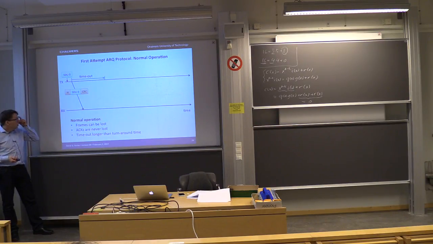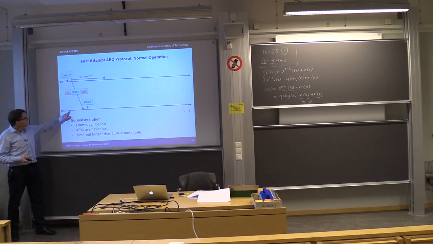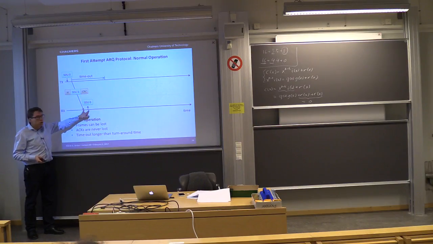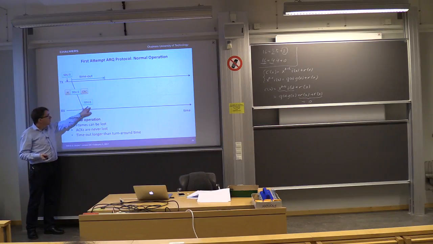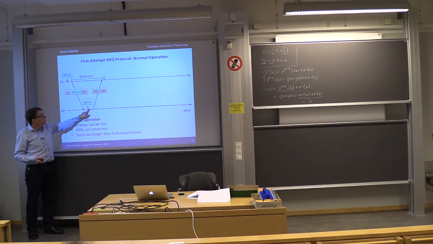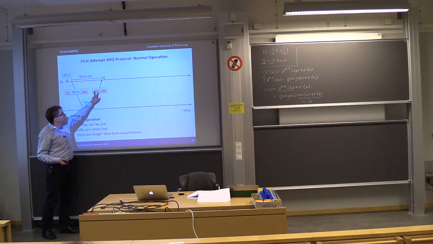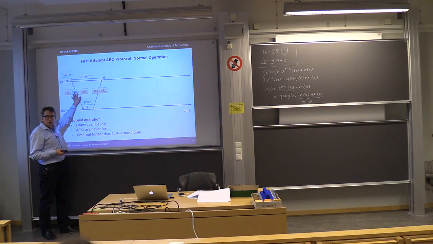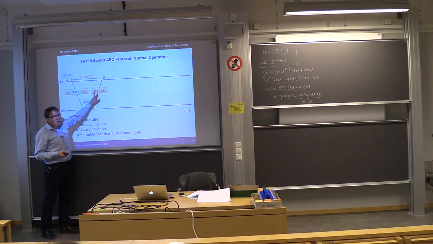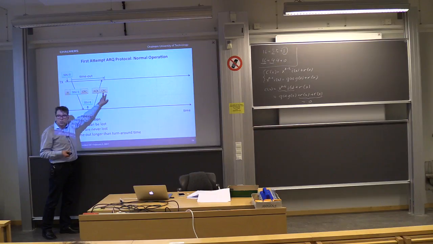What happens here is that the receiver checks this and says, okay, that's a good frame. The CRC bits are okay, so it delivers that to the layer above it and transmits an acknowledgement back. In the acknowledgement, there is some data saying that it belongs to this packet and so forth, and that data needs to be checked for errors also.